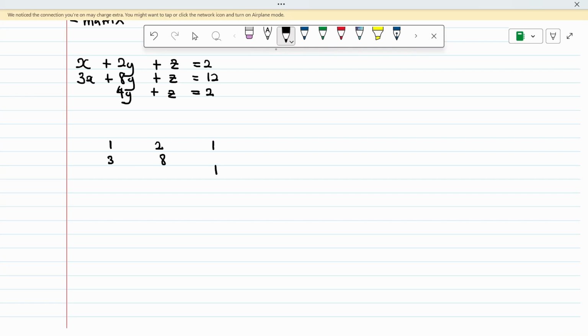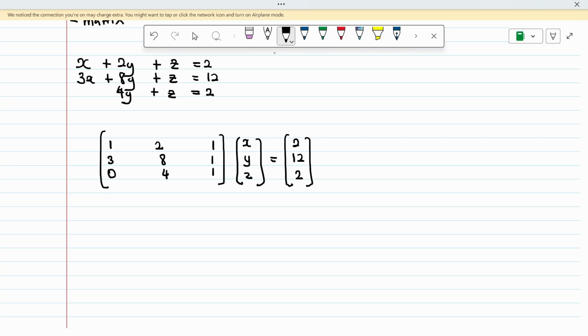Since we have no x, we have a 0, and our y here is a 4, our z also a 1. This matrix represents the transformation that was applied to our x, y, z to get the new vector 2, 12, and 2.